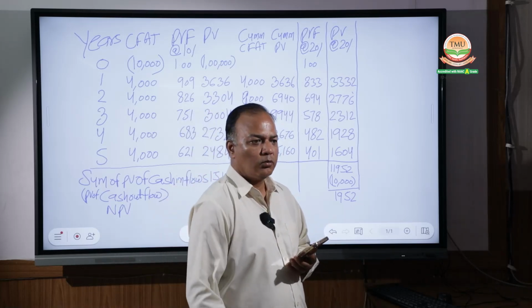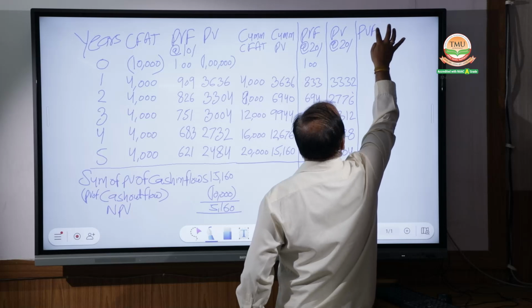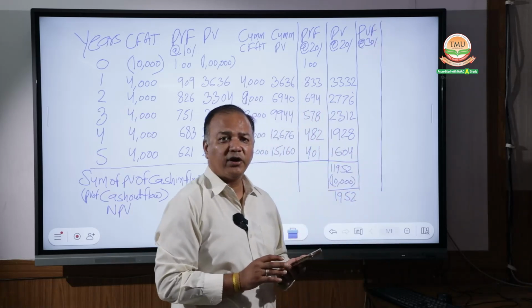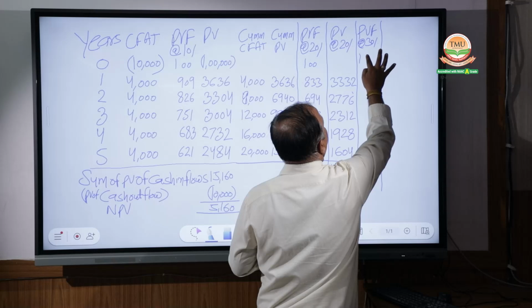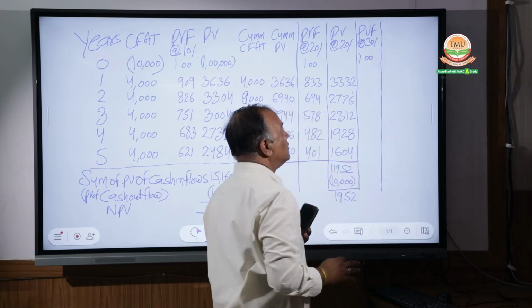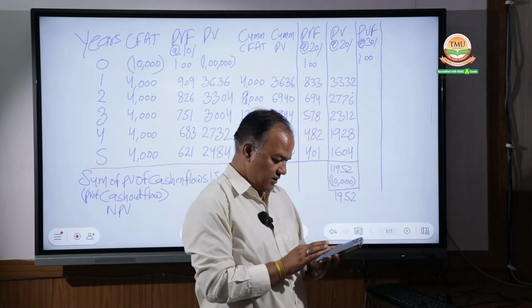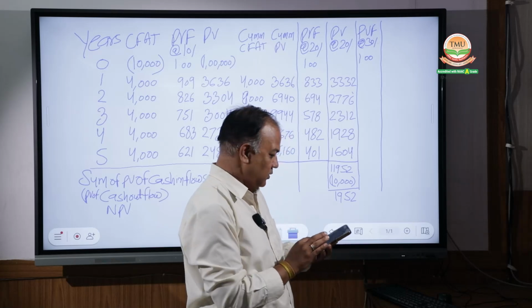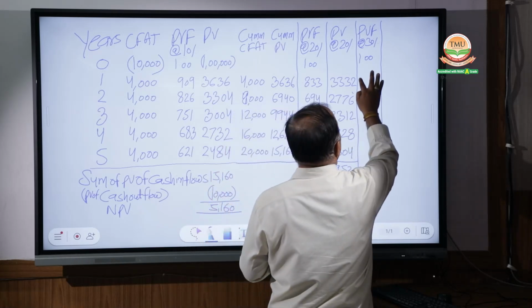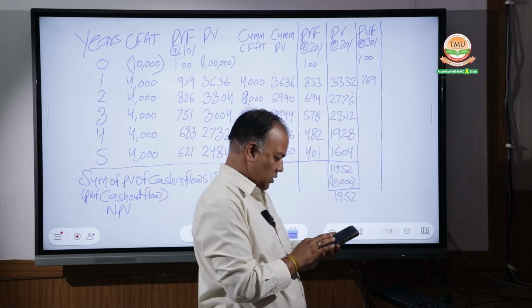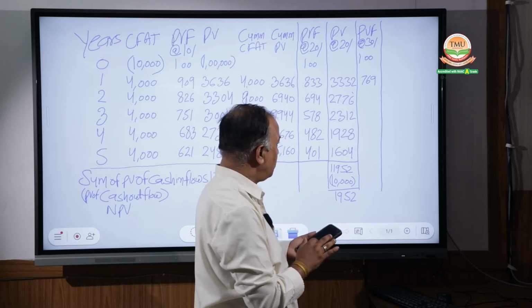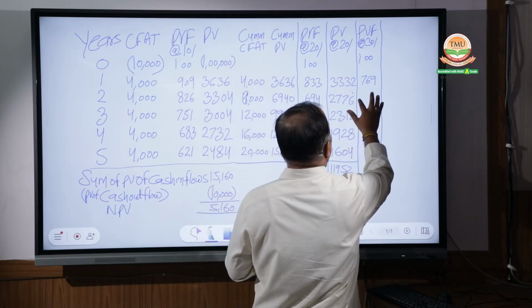So now we have to find PVF at 30%. Now again we have to create a table. First of all, write down 1 for 0 year. After that 100 by 130, 0.769. Into 100 by 130, 0.591.